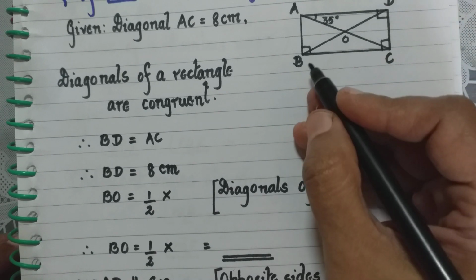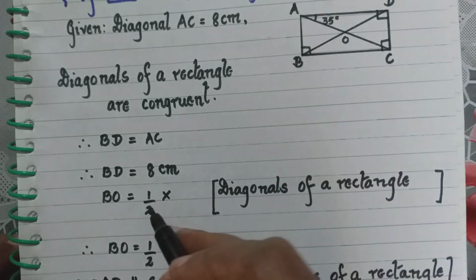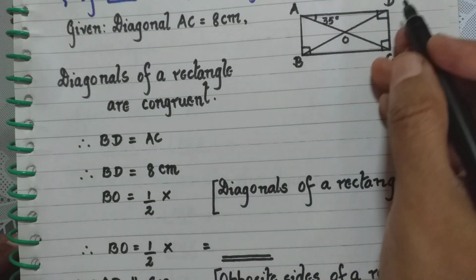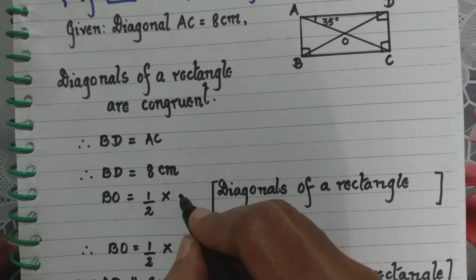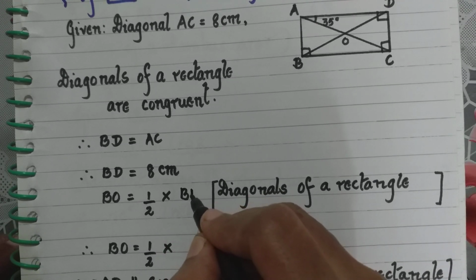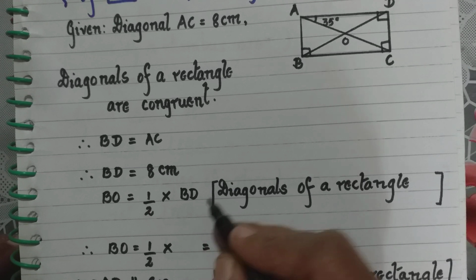Now, we have to find the length of BO, and BO is half of the length of the diagonal BD. So, we write half into BD. Now, how do we know it is half of BD?